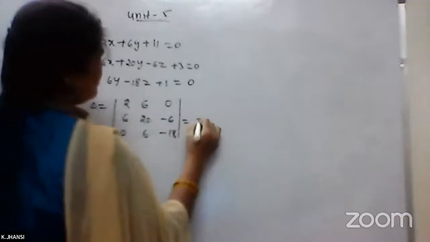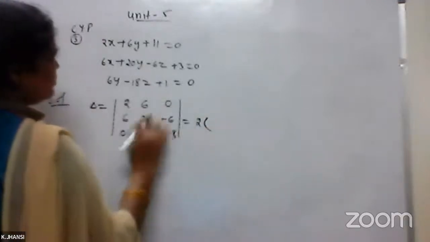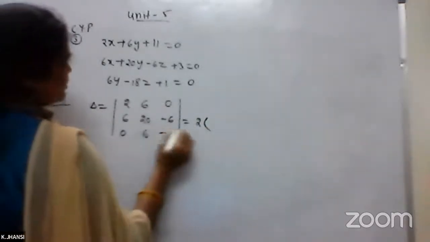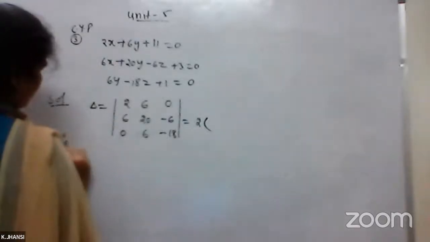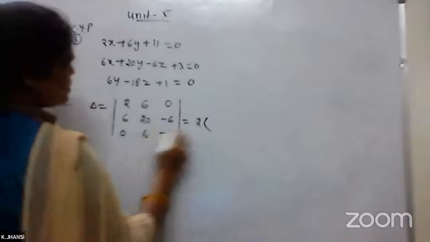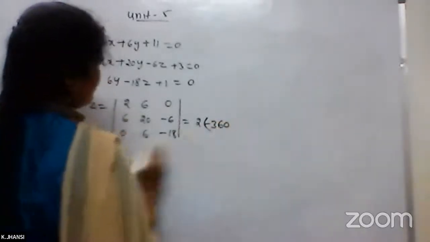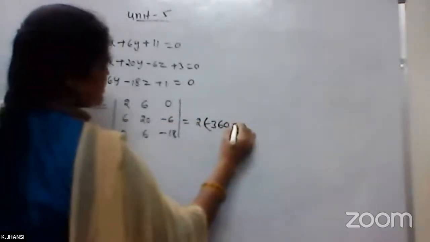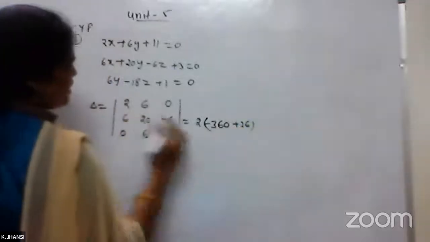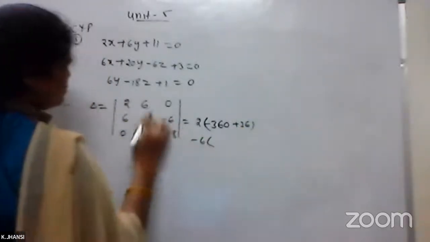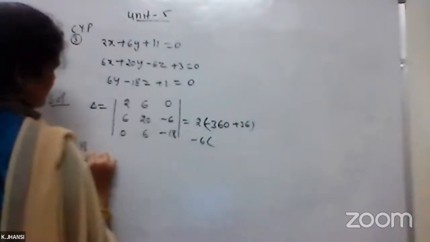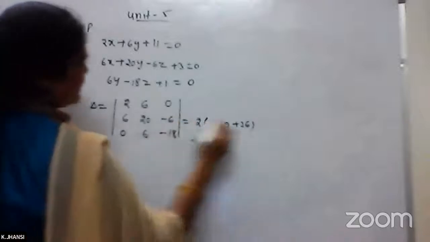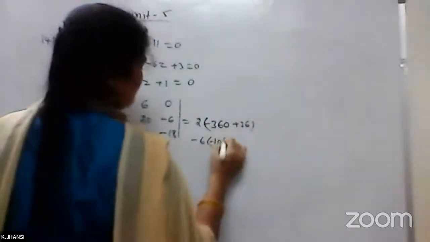2 into 20 into minus 18, that is minus 360. Minus into minus plus 6 is 36. This is minus 6 into 6 into 18, which is minus 108.